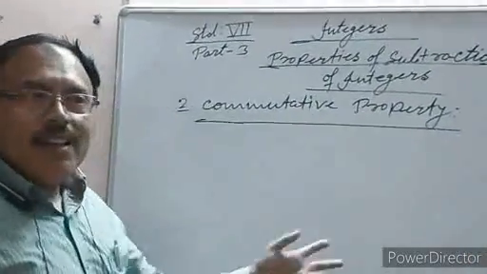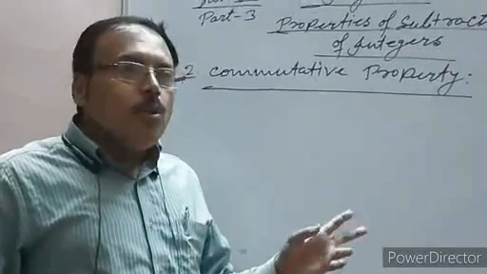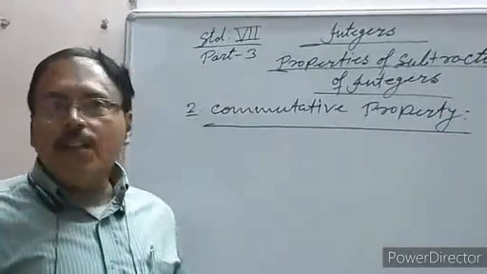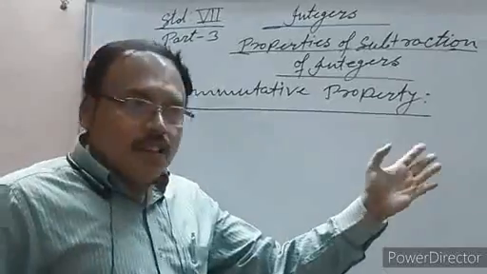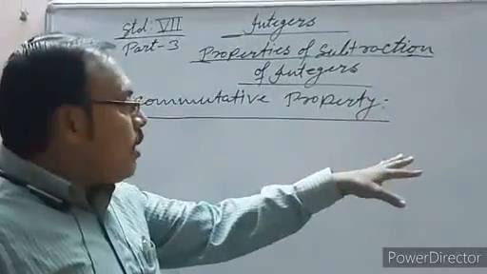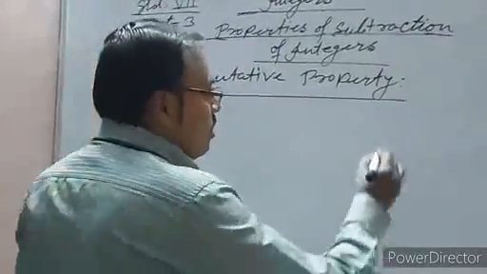Commutative property for addition states that two integers can be added in any order. Here we shall see whether it is valid or not for subtraction.